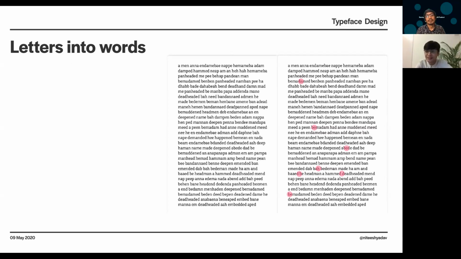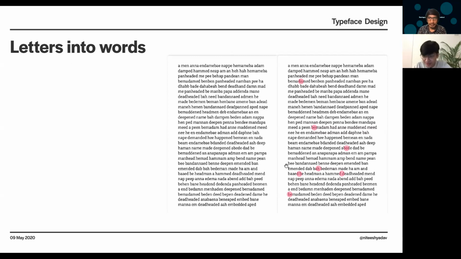That's the job of the type designer, to get rid of all those different problems. In this case, if you see these red marks, the places where it's highlighted, these are areas which to a normal eye might look like the spacing is right, but it's not.